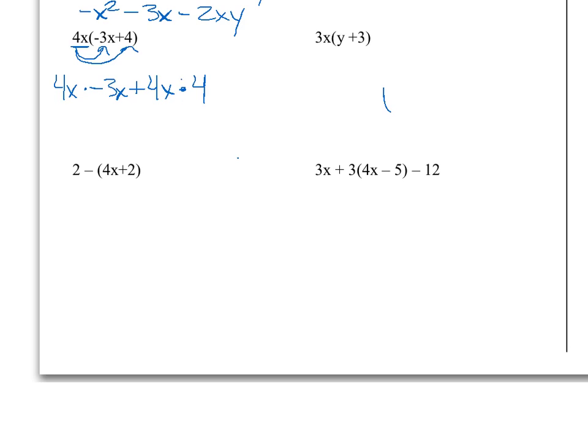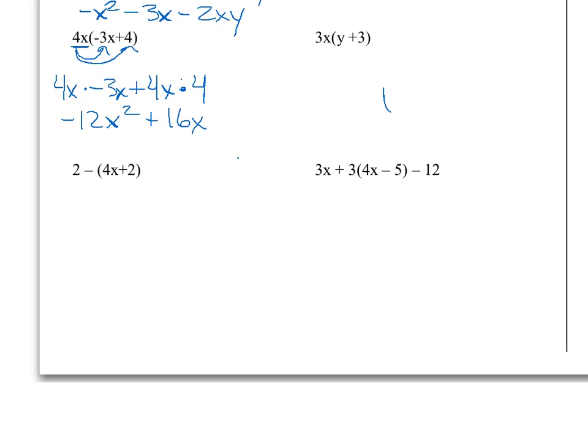That's a bad date. Negative 12. And I see that I have an x times x, which would be an x squared. Plus 4x times 4. I can multiply the 4 times the 4, and that gives me 16x. That one's a little bit easier.